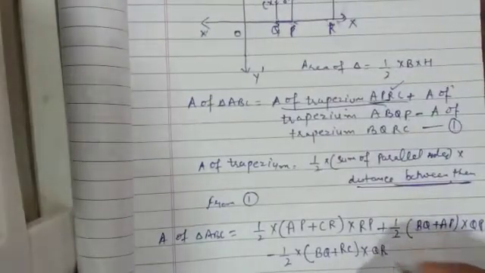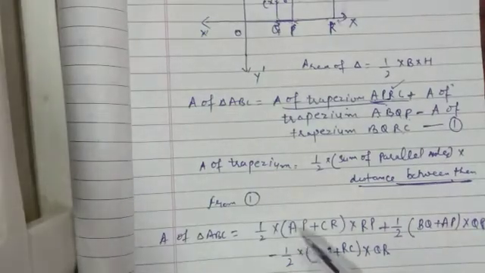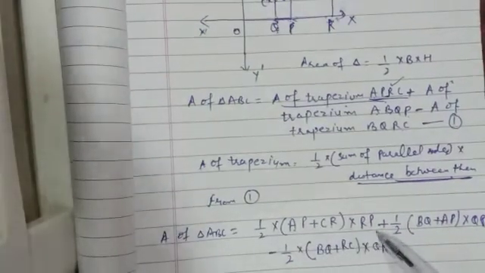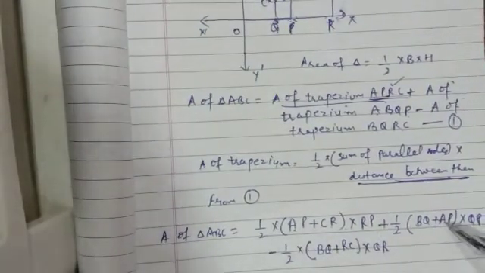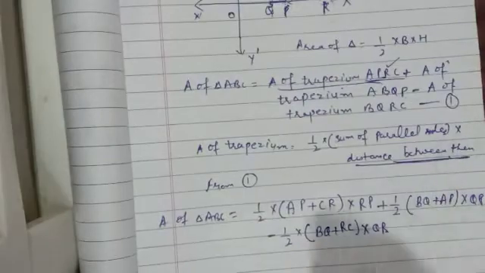Now let us fill the distances of all, that is AP, CR, RP, BQ, AP, QP, BQ, RC and QR. Let us fill their distances.